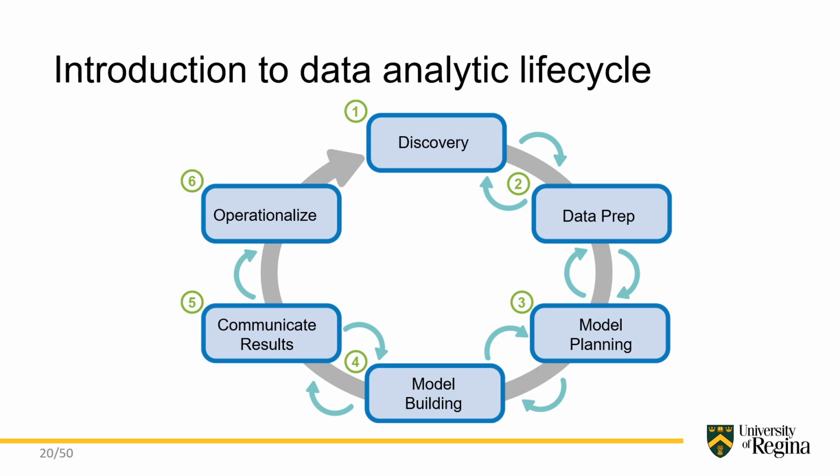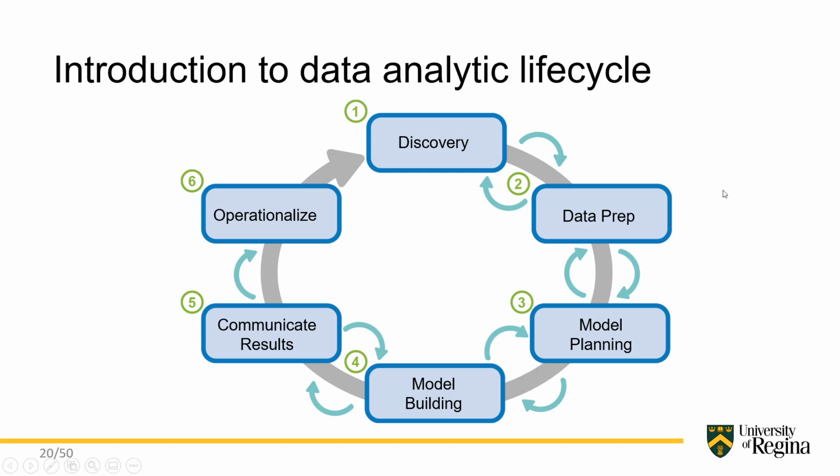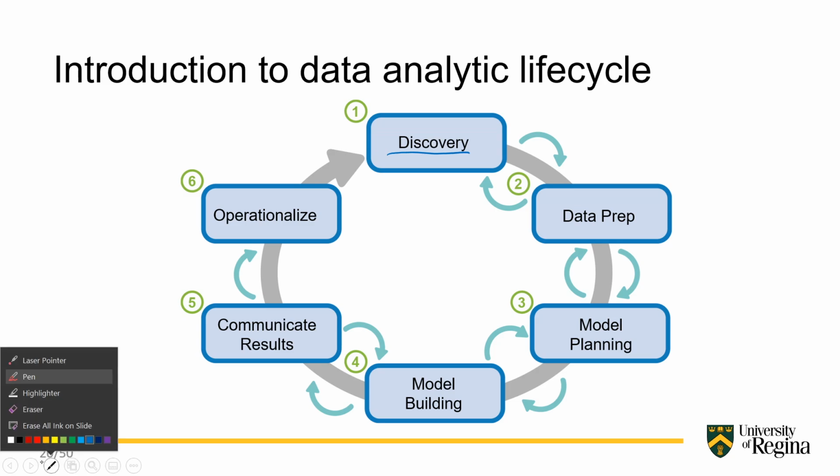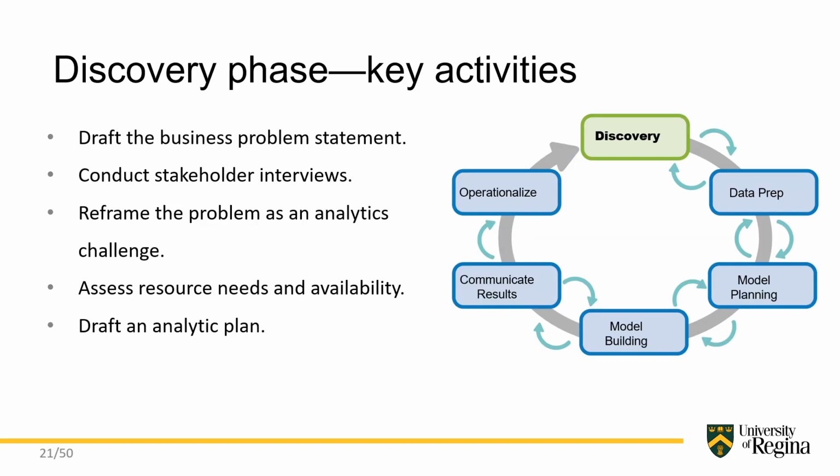So the model that we're using is a 6-step model in a circle, and the same way as before, it starts with the discovery, data preparation, and data modeling, model building. And there are two important factors here as well, which are communicating the results and operationalizing. So we go through each of these steps quickly.